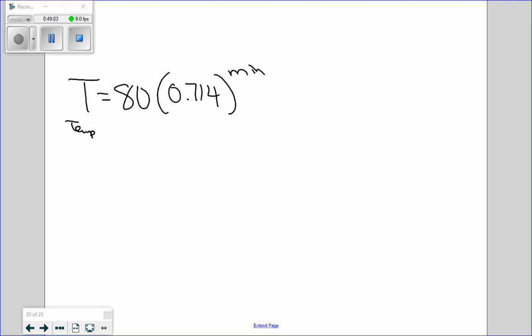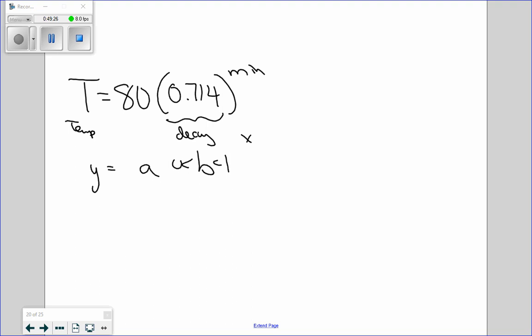It's an exponential because you've got an x in the power position. This is y equals a times b to the x. Okay? So this is showing decay because it's a number between 0 and 1. Now, does that make sense based on this scenario? Is the temperature decaying over time?